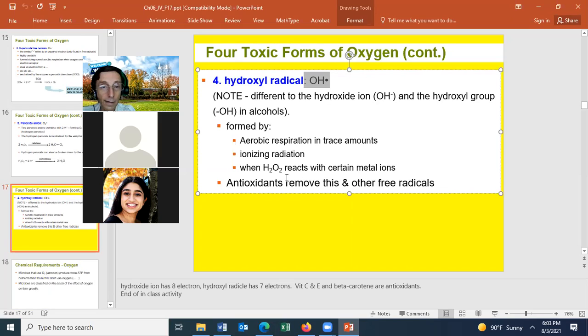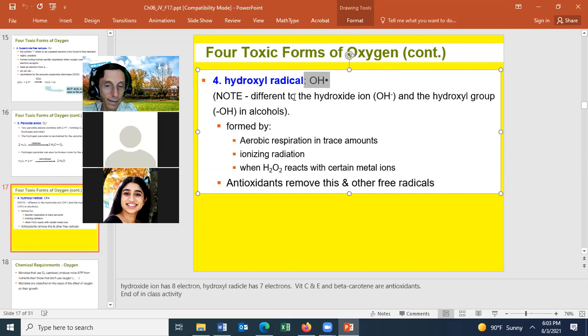How cells can control hydroxyl radicals is they have antioxidants which will bind with the hydroxyl radical and then remove the hydroxyl radical. Two antioxidants which bind with hydroxyl radical in your cells happen to be vitamin C and vitamin E. And they are antioxidants.